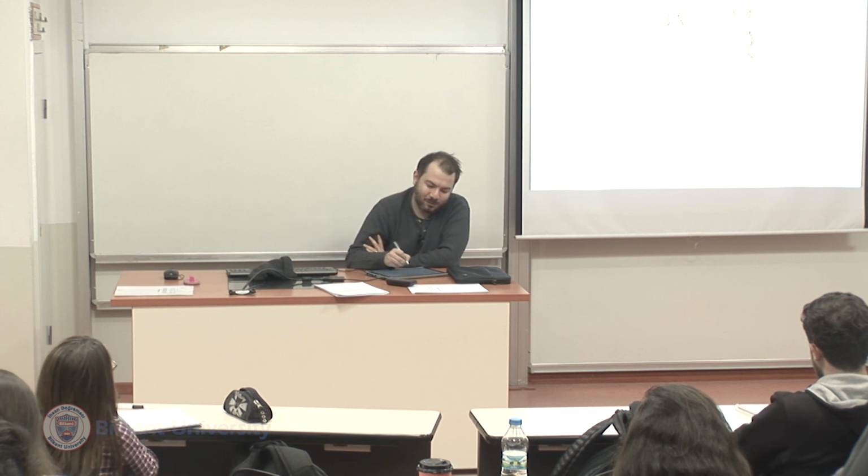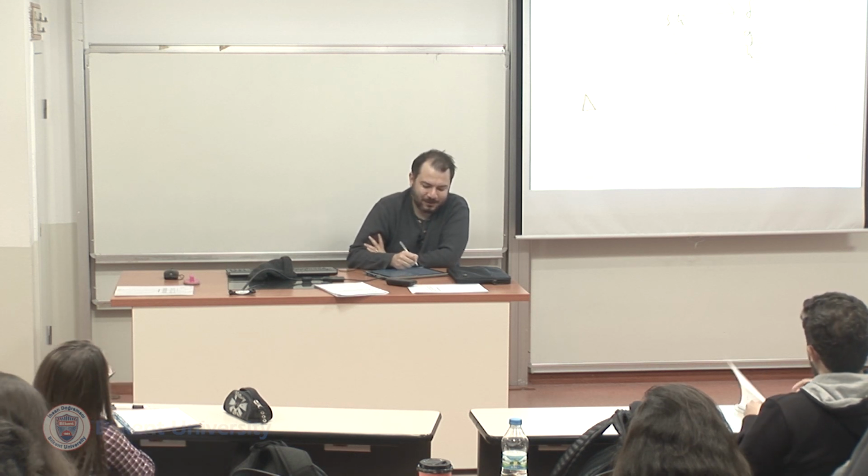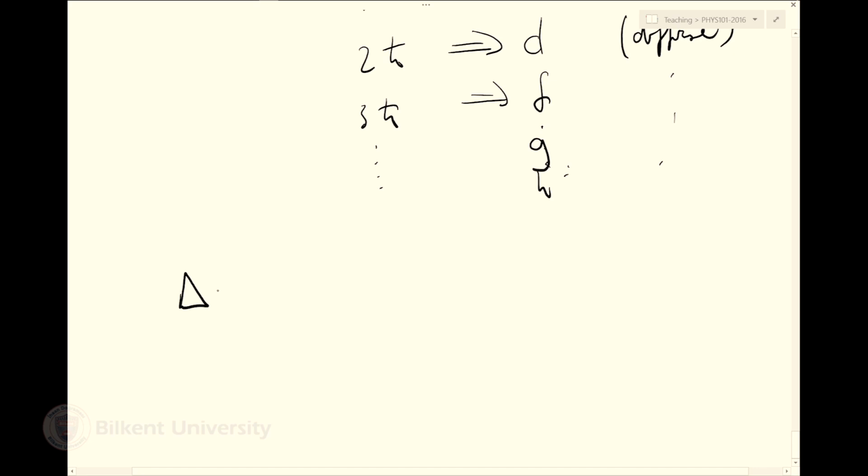You'll see, maybe you've already seen, that the uncertainty in the position of an object times the uncertainty in the momentum of the object. What's the unit here? This is meter. This is kilogram meter per second, which means joule second. This must always be larger than h bar over 2.